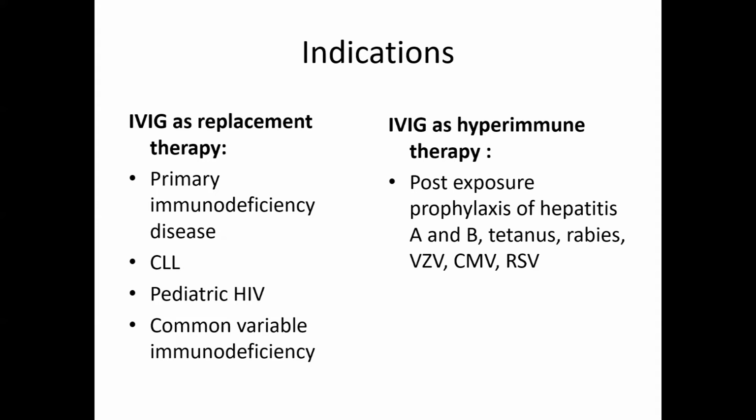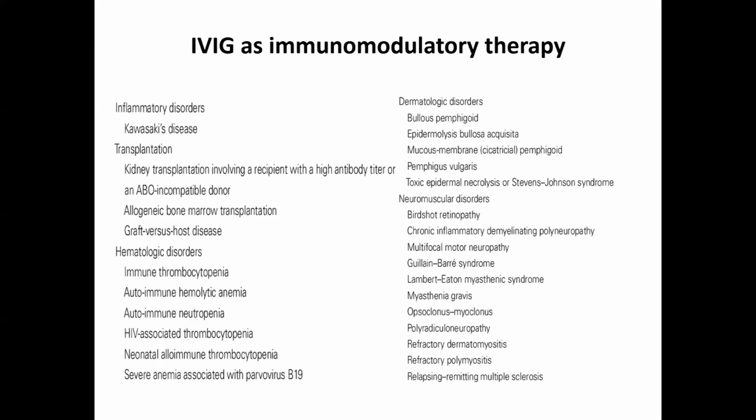Now, this slide describes the role of IVIG as immunomodulatory therapy in different diseases like inflammatory disease, post-transplantation, hematologic disease, dermatologic disorder, neurovascular disorder. It's a quite busy slide, I can understand.